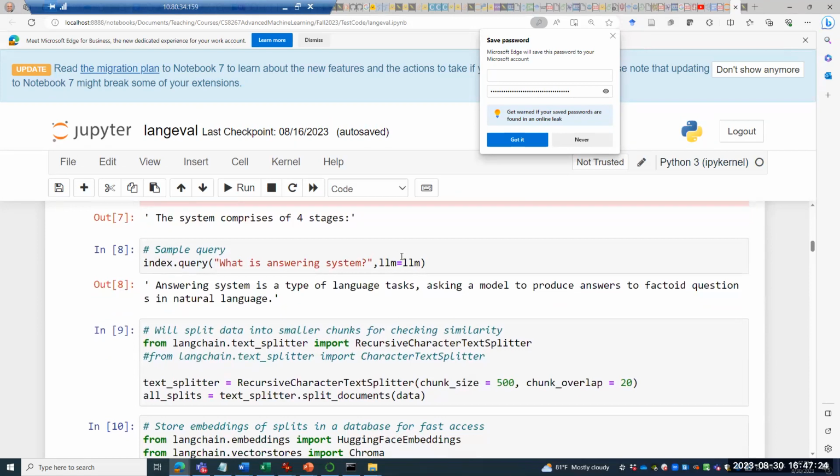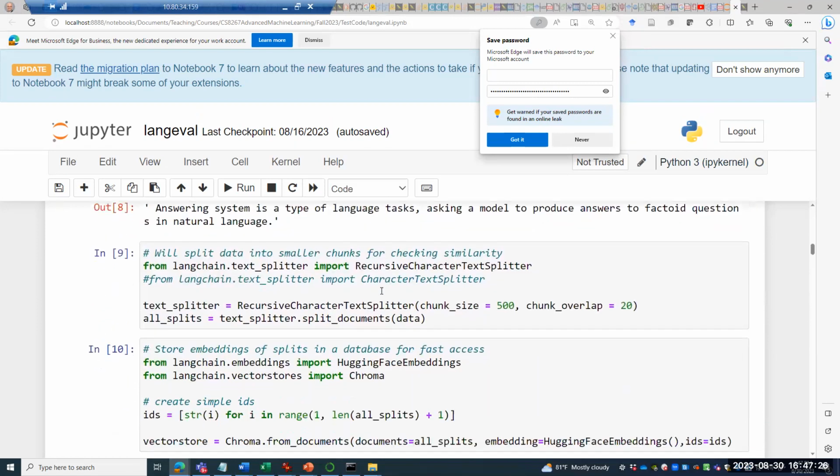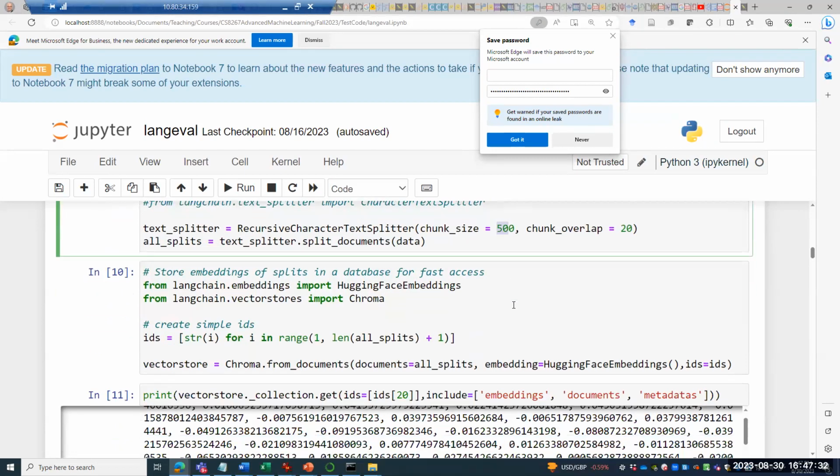This is coming from the other one. This is the splitter. You can see that I put some overlap. 500 is too many, in my opinion. And this is how I put the Hugging Face embeddings into vectors. This is what I did.